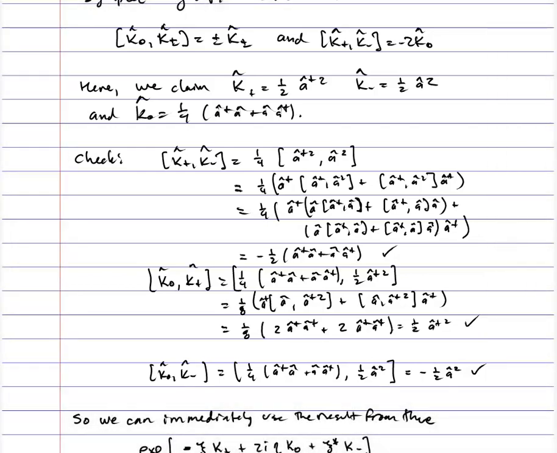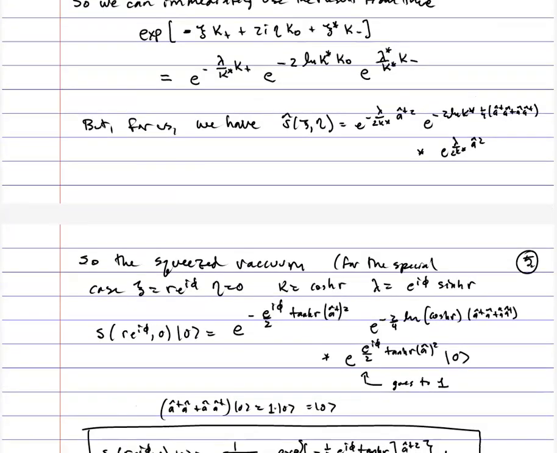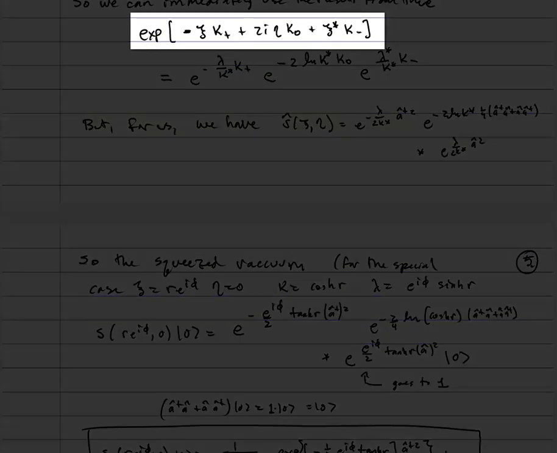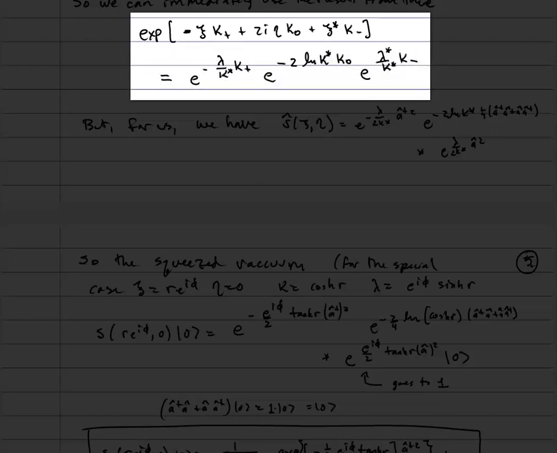And that means that we can write this squeezing operator as the exponential of minus ck plus 2 eta k0 plus c star k minus. And because we have a representation of that Lie algebra using 2x2 symplectic matrices, we find that we can factorize that as e to the minus lambda over kappa star k plus, e to the minus 2 log kappa star k0, e to the lambda star over kappa star k minus.